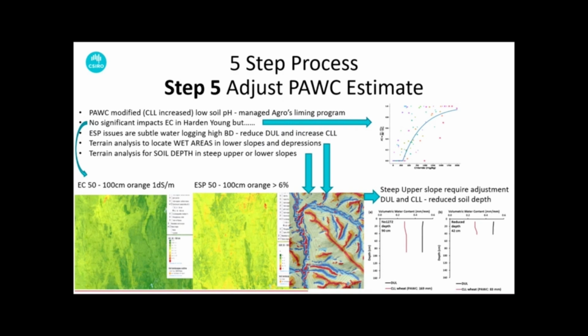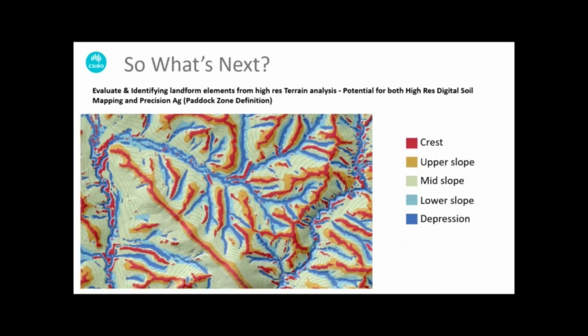Terrain analysis can also help us modify a soil water bucket based on soil depth, and that's typically where we'd have to modify that estimate. If we're in one of those other study areas, like in Liverpool Plains or in Western Queensland, we can modify PAWC based on a chloride value, and that model was also developed for that purpose.